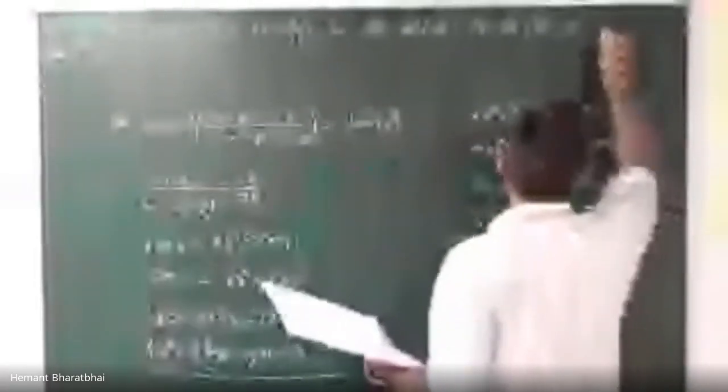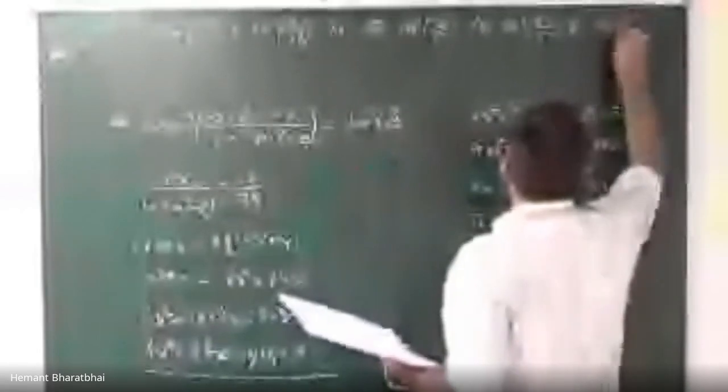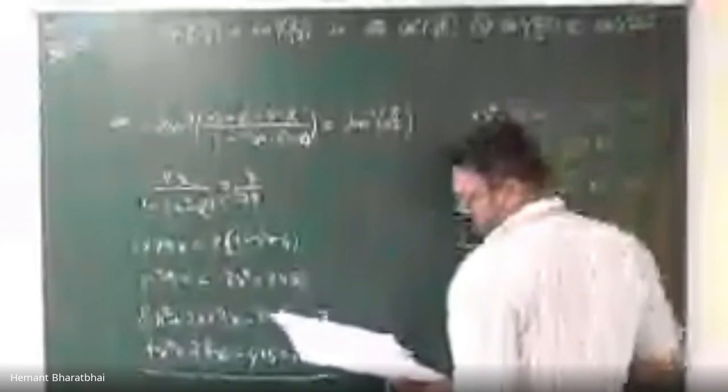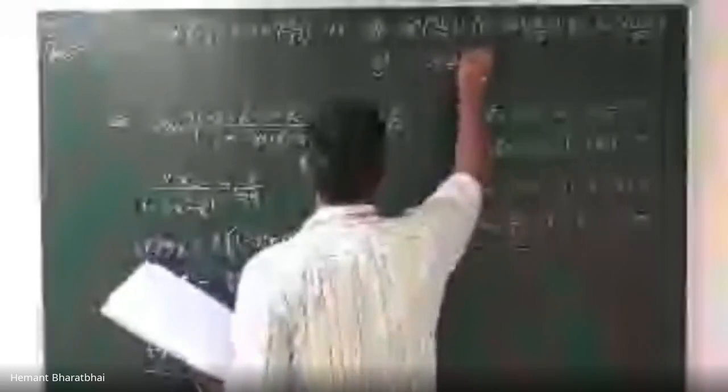Option C is cos inverse of 162 by 85. And option D is sine inverse of 85 by 77. Solve it and tell me.